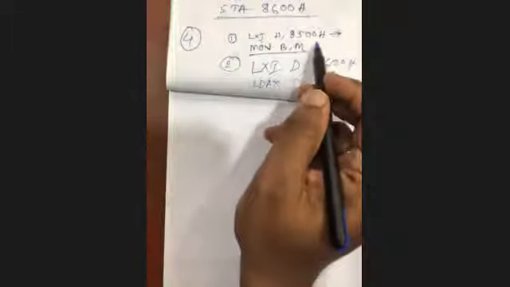In this example, the content of the memory location will be copied into the B register.